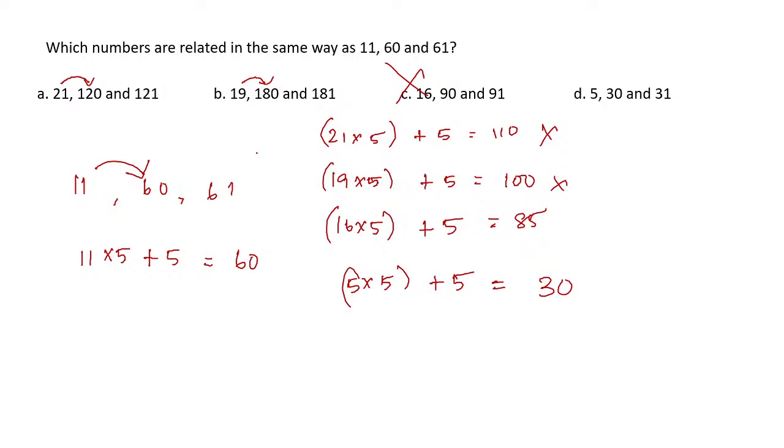Because this is the only relation in which I can relate the 11 and 60. So if we take 5, 5 5s are 25, 25 plus 5, 30. And the next number is like 31. Okay, done. I believe you understood, everybody.